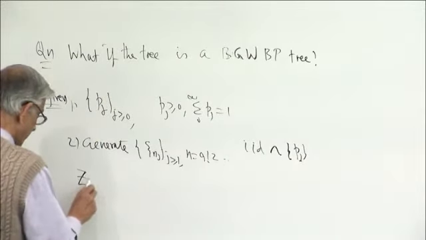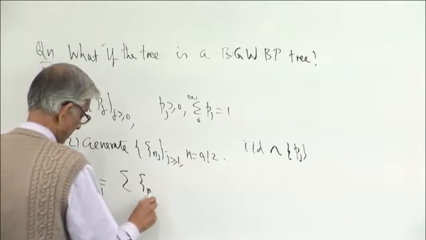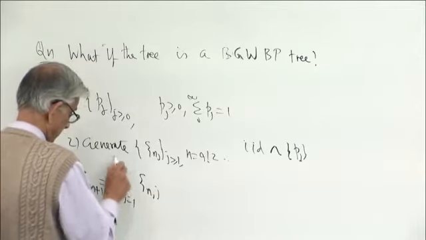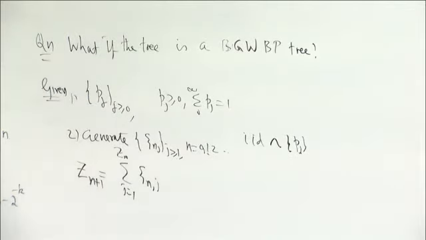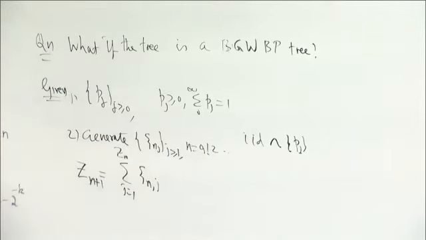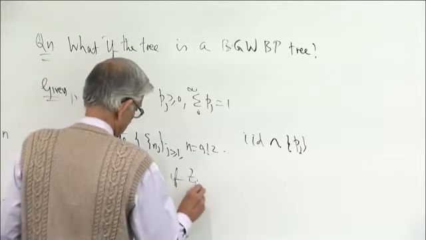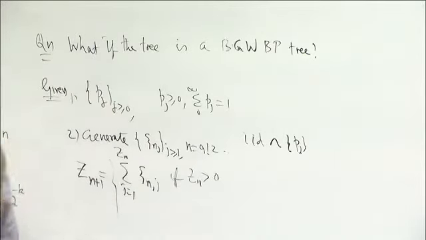Then you define the population size in the n plus first generation to be the number of children born to the individuals in the nth generation. So if there are Zn individuals in the nth generation, each one of them produces children according to this process, and then Cnj is the number of children born to the jth parent in the nth generation. And this works if Zn is positive. If Zn is 0, the population is already gone, there is nobody to produce anything, so it will stay at 0.